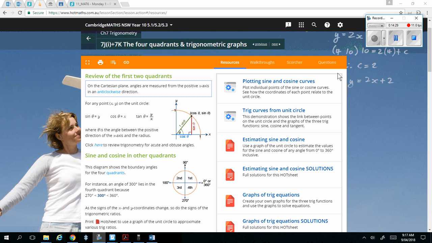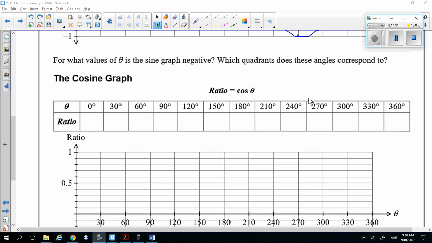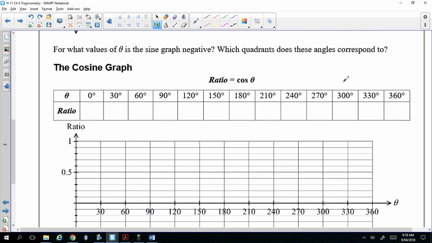Alright, so now we do the cos graph. So for the cos graph we start with 1, 0.87, 0.5, 0, negative 0.5, negative 0.87, -1, negative 0.87, negative 0.5, and then 0.5, 0.87, and 1.